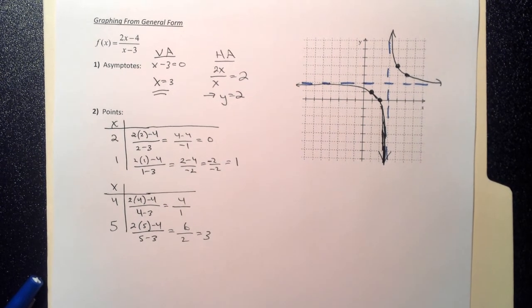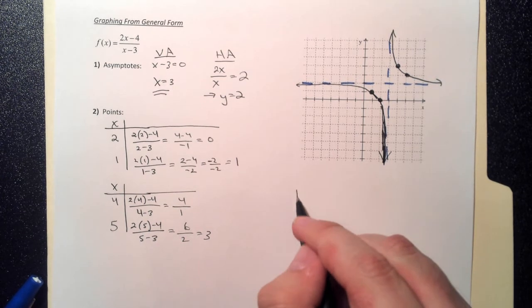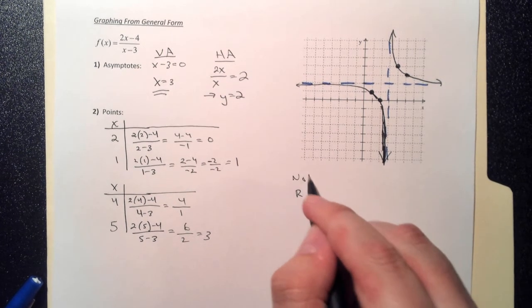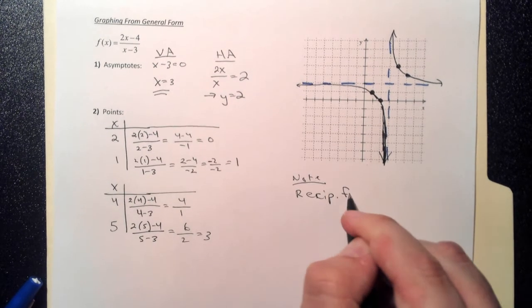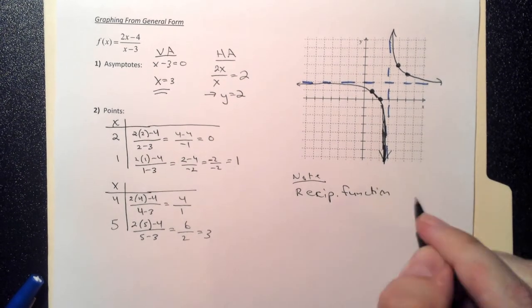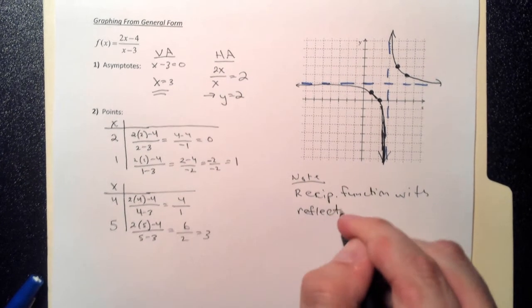Okay. So that's just a quick look at this. Again, be aware, these can look differently. None of the examples I did included a reflection. If I did have something with a reflection, I would see something a bit different.